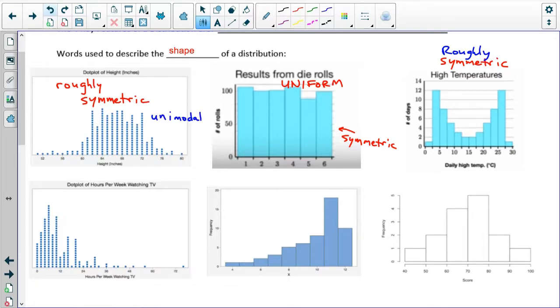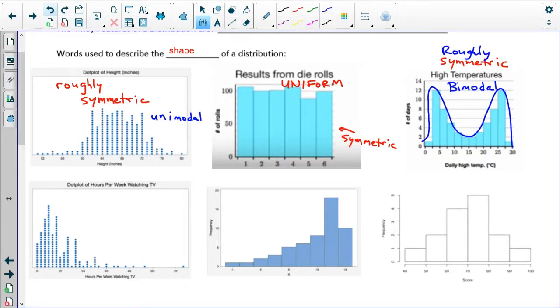But the one on the right is roughly symmetric and bimodal. So the difference is there are 2 high values on the one on the right. So there are 2 peaks if we drew a curve, and the one on the left, we only have 1 peak and it's kind of in the middle.